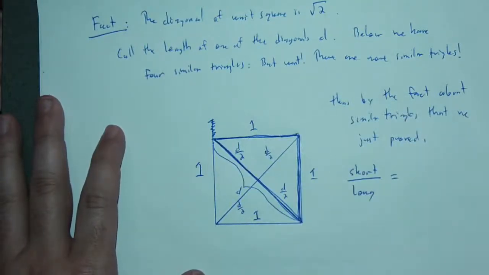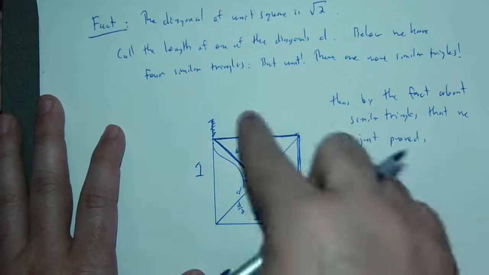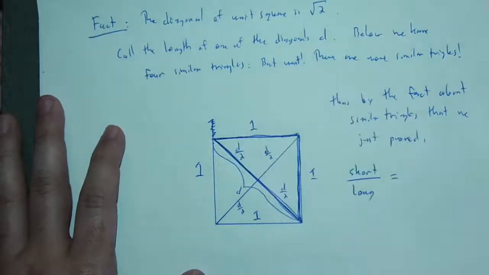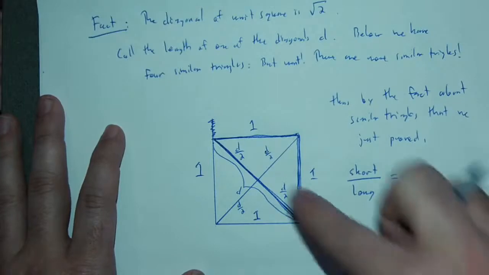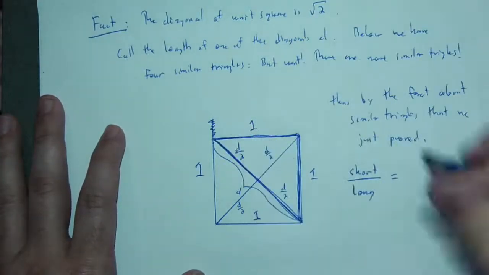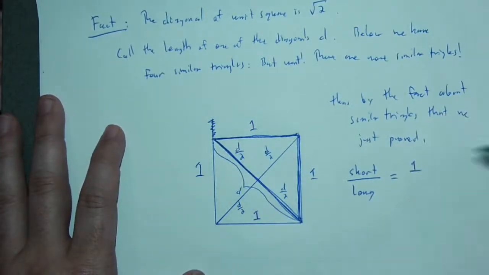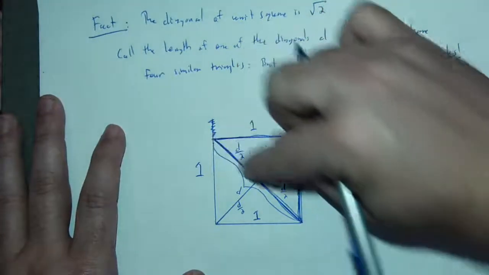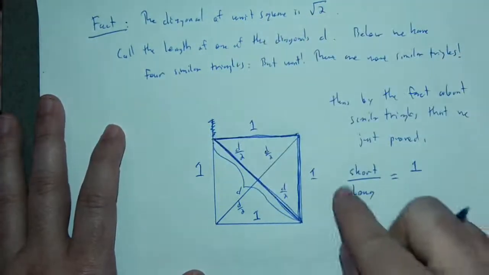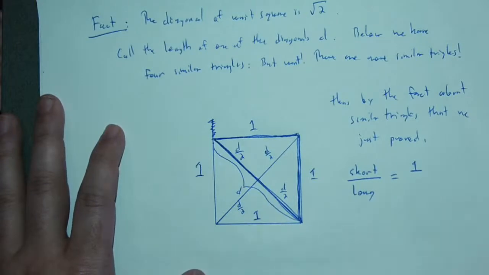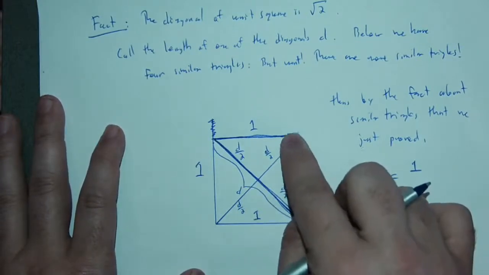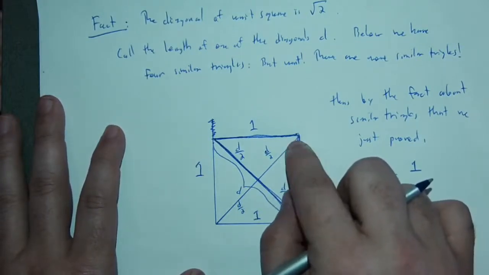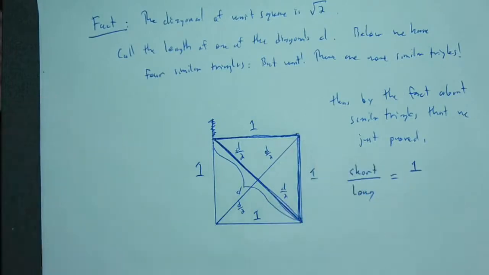Well, we know these are isosceles triangles, so there's more than one short side. There are two short sides because they're the same length. But in this bigger triangle, my short side has length 1. Right? Because this diagonal part in that triangle is longer. How do I know it's longer? It is opposite the larger angle.